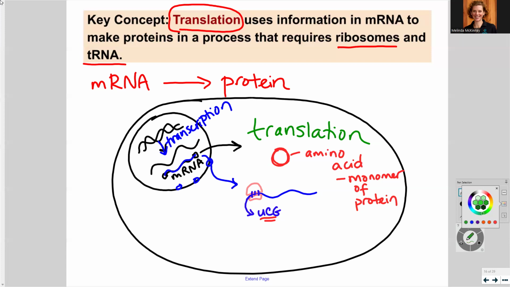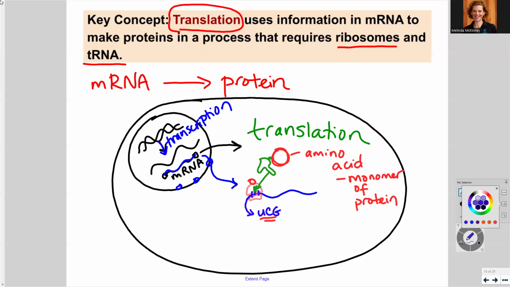The transfer RNA is going to be a sequence that's made out of ribonucleic acid, and it's going to be attached to an amino acid. It's going to bring that into the ribosome, and it's going to sit kind of right in here. There's a little place for it to sit. It's going to bring in that amino acid, and it's going to start the chain of a growing polypeptide or protein.